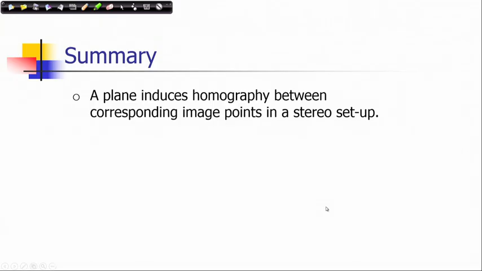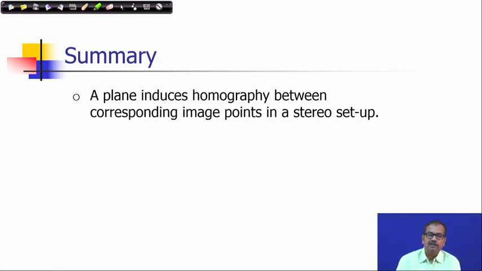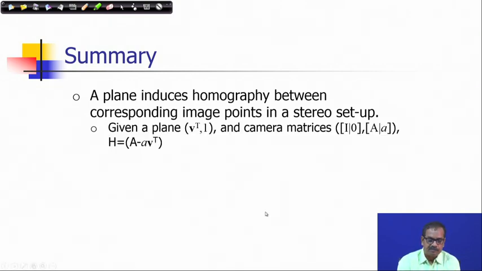Then we discussed plane induced homography. So, a plane induces homography between corresponding image points in a stereo setup. So, this was the expression for the homography for a particular description of the camera matrices and the plane.